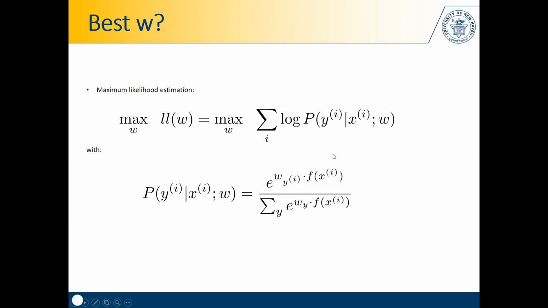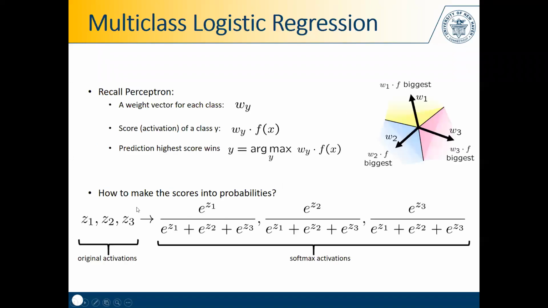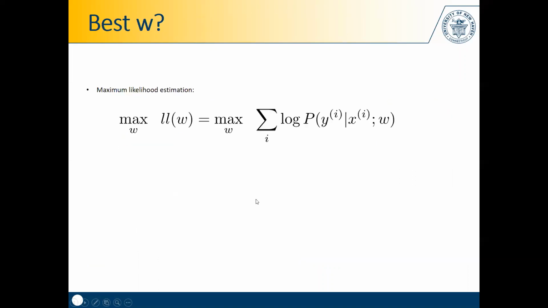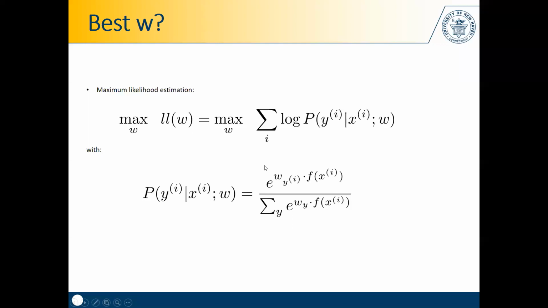So this is exactly the same as the corresponding softmax activation. How did we get from this to this? Well, from here, we already said that conversion of the scores into probabilities is given by the softmax function. The softmax function was e^Z1 over the sum of all of the exponentials of the other activations.